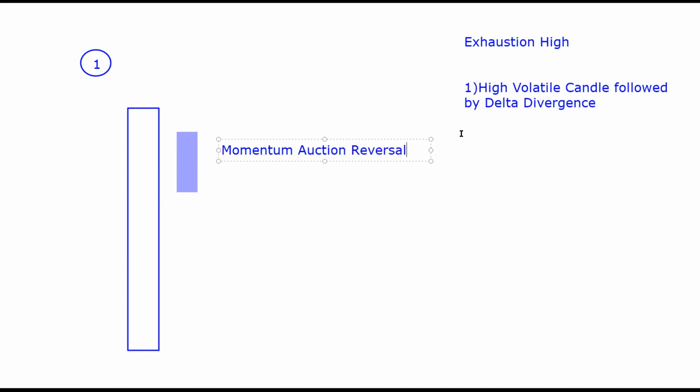So I'm going to call this a high volatile candle followed by a reverse inside bar.